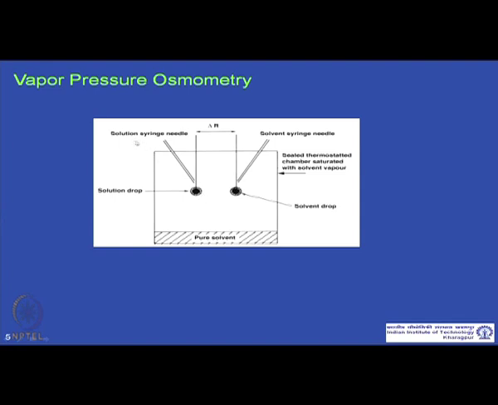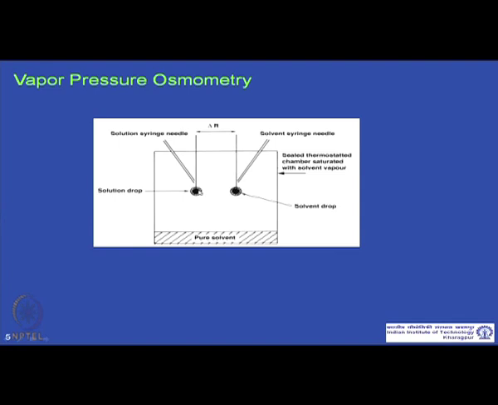Now, in the solution the solvent chemical potential is lower than in the pure solvent. So, the vapor pressure of the solvent in the polymer solution will be lower, and as a result the solvent vapor will condense on this thermistor, and the heat of condensation will increase the temperature of this thermistor.